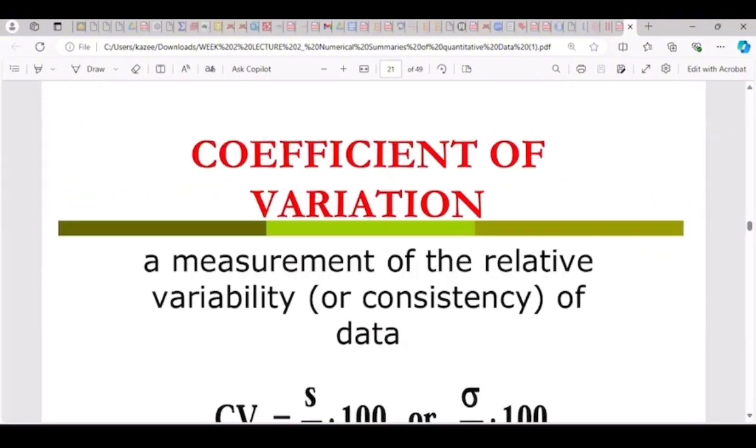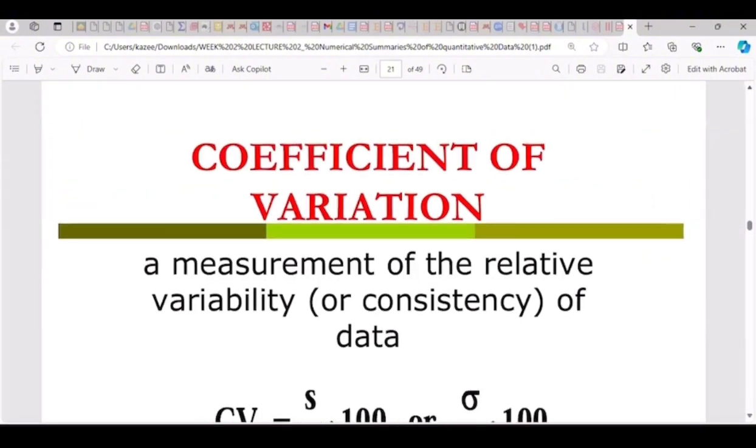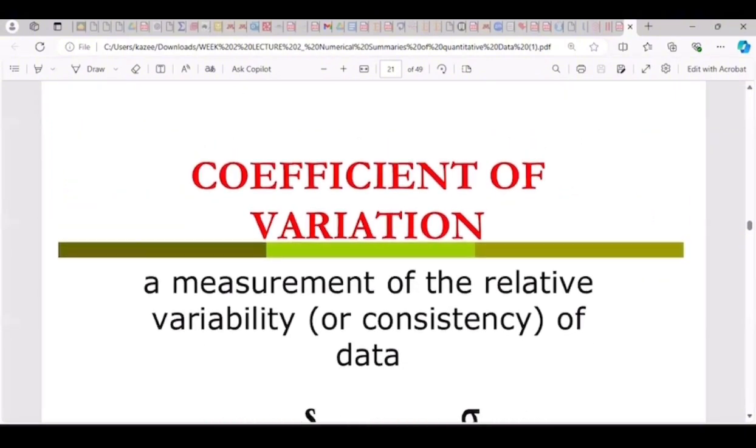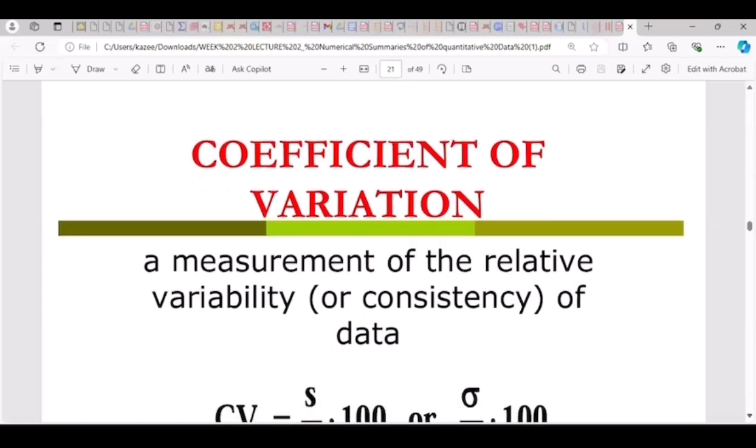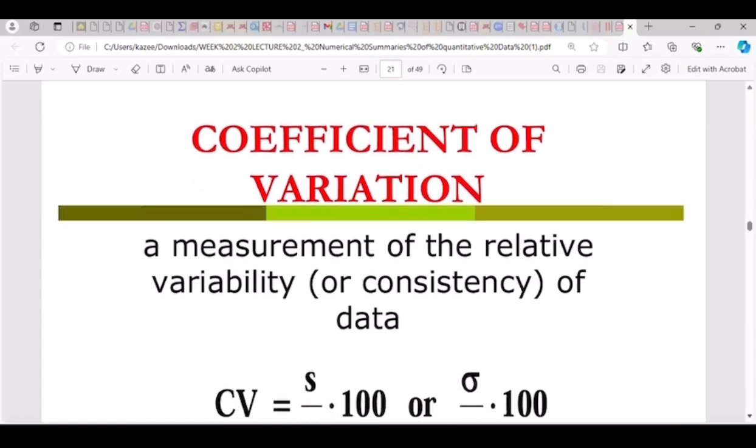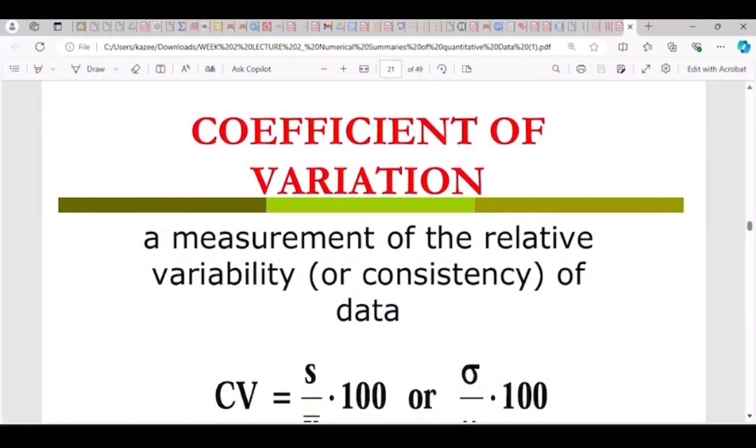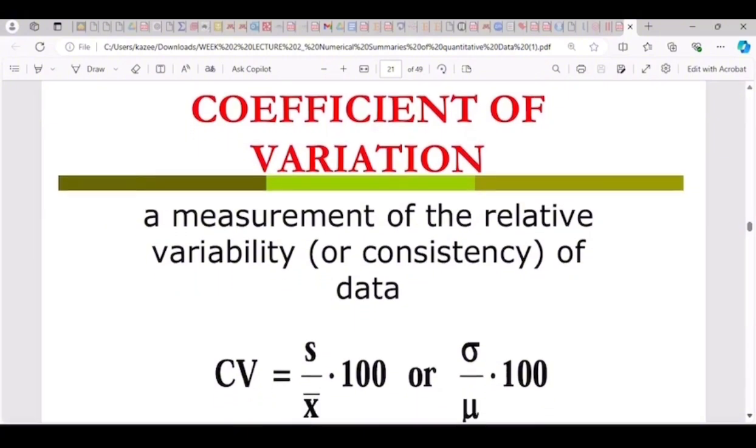Lastly, before I go, coefficient of variation. If I want a measure of consistency, when do we use the coefficient of variation? When I have 2 different sets of data, and I want to know which one is more dispersed, or which one is less dispersed.